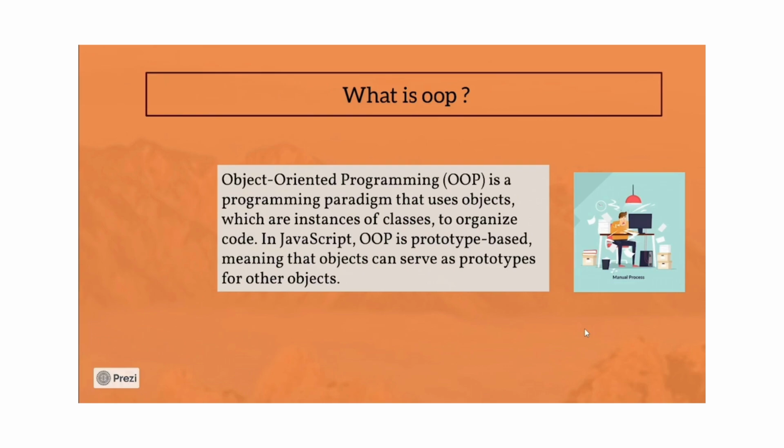So let me explain it in depth. First of all, what is encapsulation? Encapsulation is used to encapsulate the properties and methods within the object, and provides a way to hide the internal details of an object.